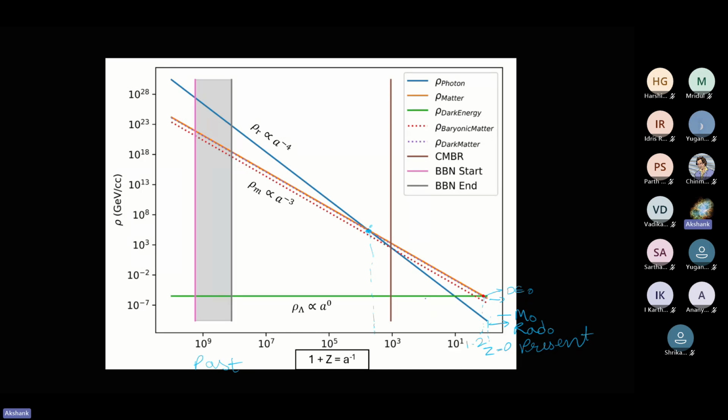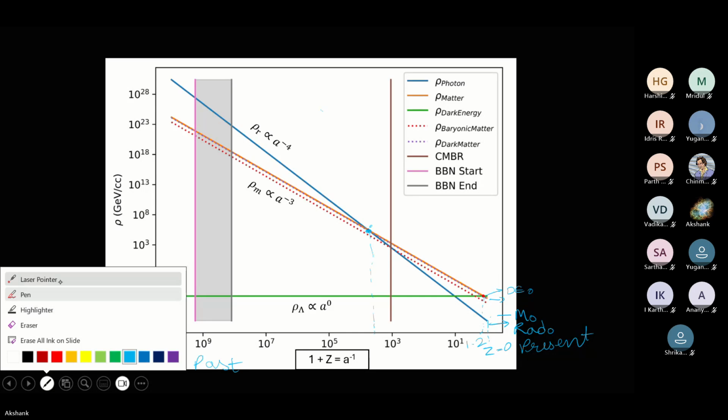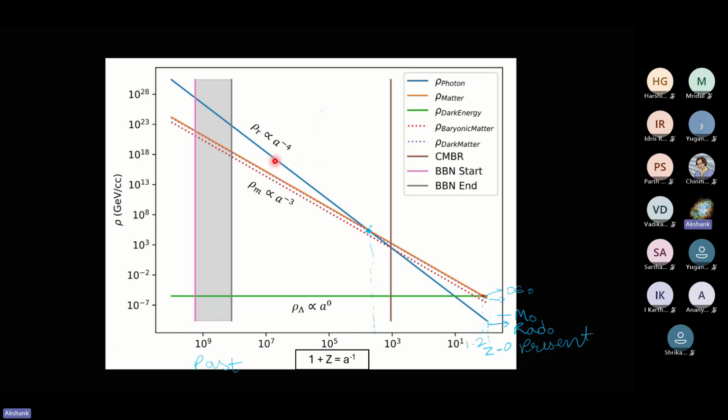But as the universe is expanding, radiation is decreasing super fast. Radiation decreases as a to the power minus 4, so the slope is much steeper. The radiation density is dropping very, very fast. Matter is dropping more slowly, as a to the power minus 3. And so at some point, matter was able to overtake the amount of radiation in the universe. After that point, matter became the dominant force.